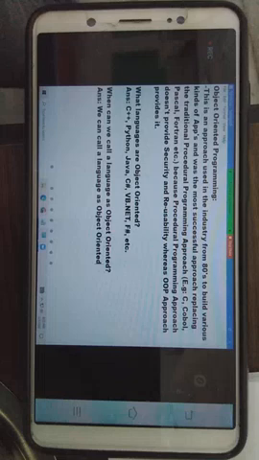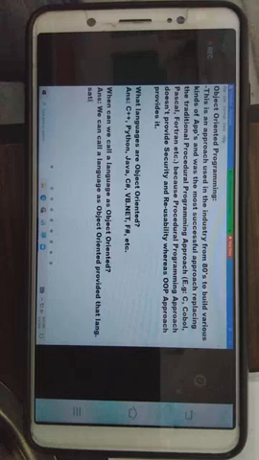We can call a language object-oriented, provided that the language satisfies the following principles.